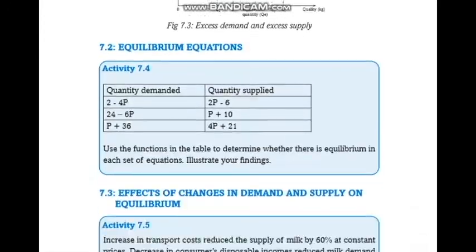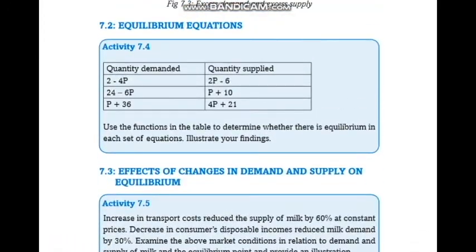So equilibrium equations. If we have quantity demanded of 24 minus 4p, quantity supplied equal to 2p minus 6. So then this is going to help us to do what?